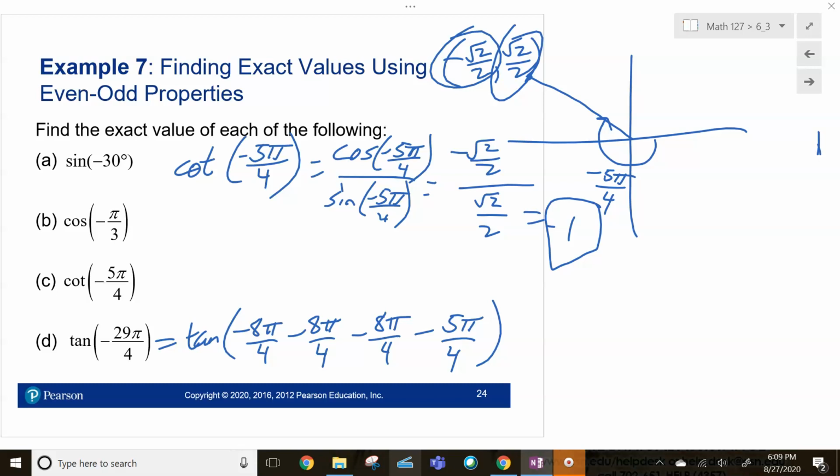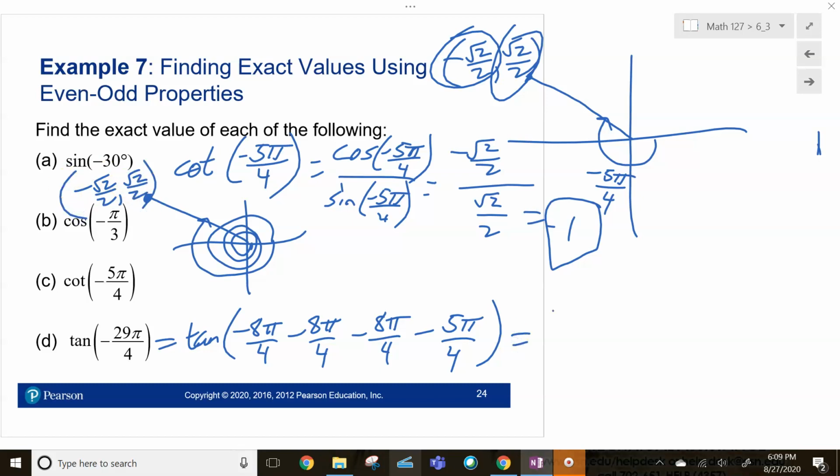So I'm going to go around in the negative direction, 1, 2, 3, and then 5 pi over 4. So I'm actually at that same spot from that last one, right here. So what's the tangent there? Sine over cosine. Negative 1. All that work for negative 1.